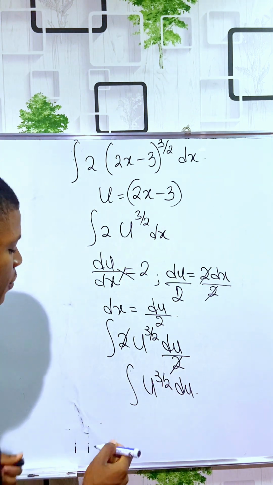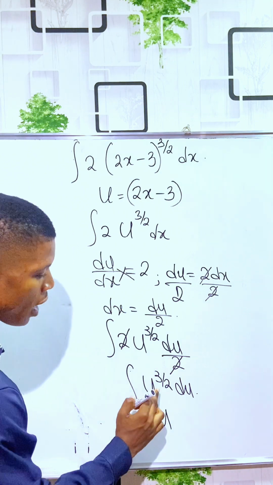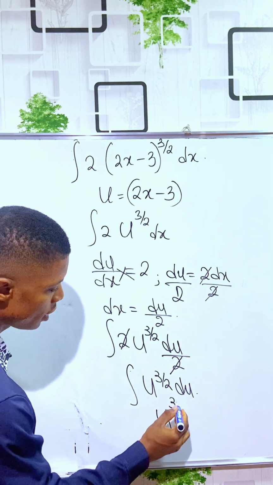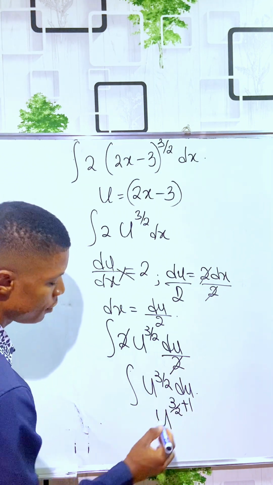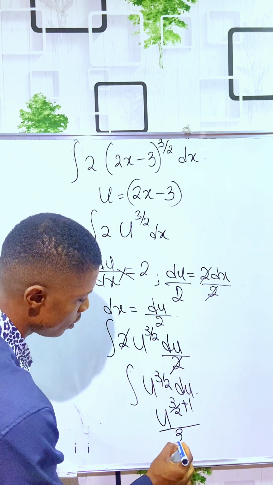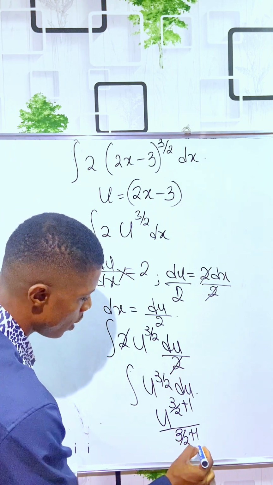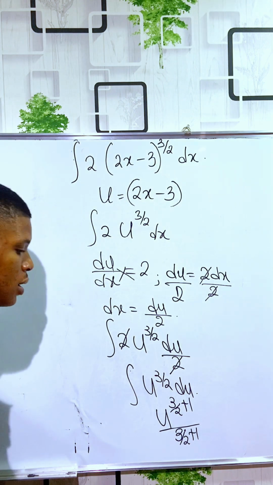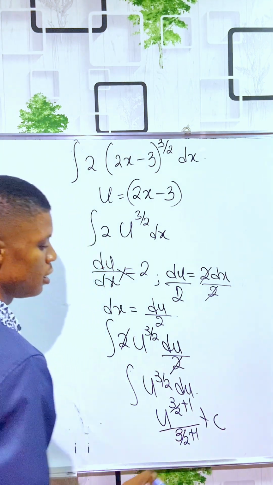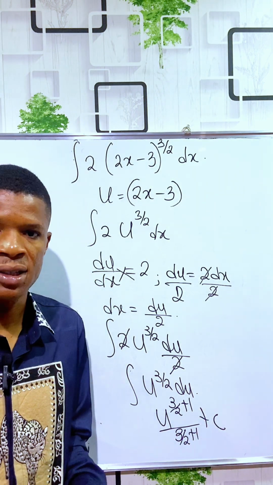So to integrate this function, we have u, and we are going to add 1 to the power: 3 over 2 plus 1, divided by 3 over 2 plus 1. This is the general form of integration. Then plus c, the constant of integration.